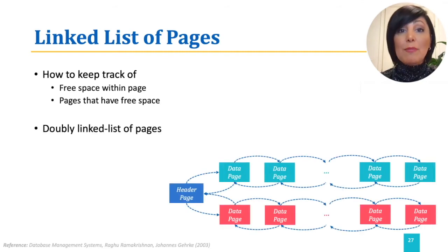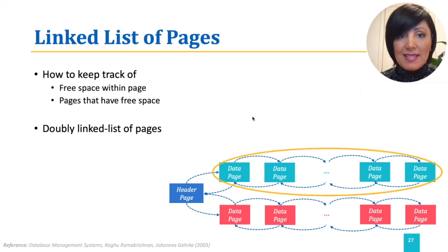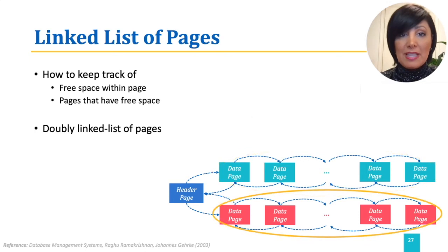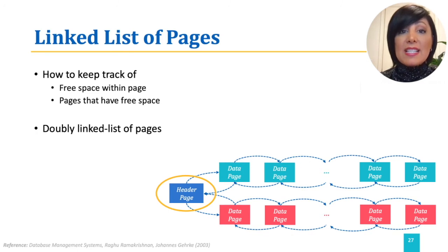To keep track of pages that have free space, this could be done by keeping a doubly linked list of pages that do not have free space and a doubly linked list of pages that do have free space. The header page, which is the first page of the file, contains information about the pages in the linked list and makes it possible for the database management system to work with pages.